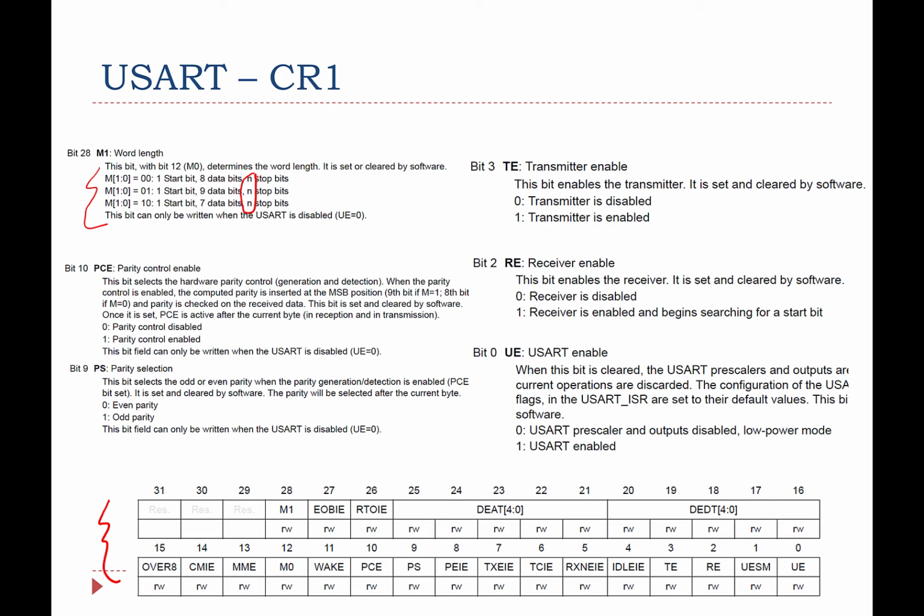And notice that you have to do this, of course that's why it was in the list of the previous slide, before you enable the USART. So in other words, you have to tell it how you're going to send something before you enable it. And notice those bits are there for M1.